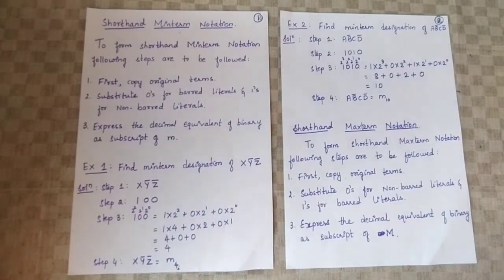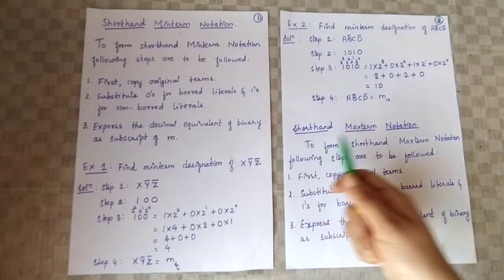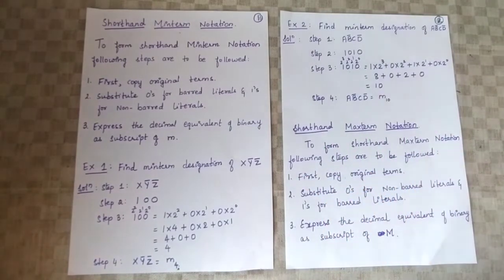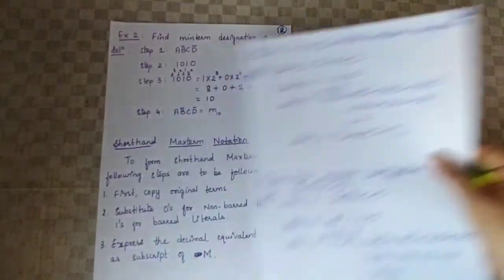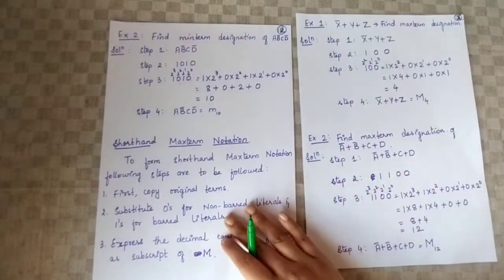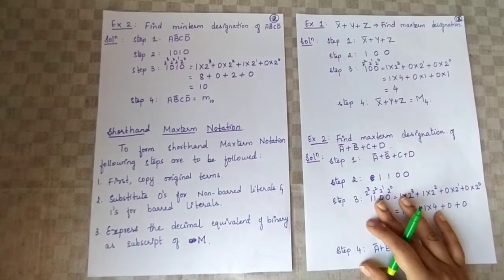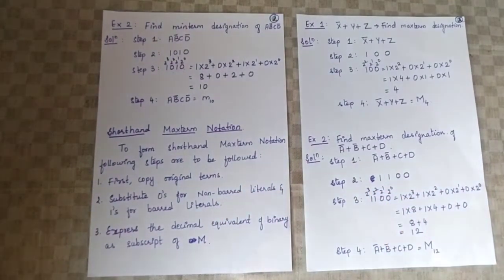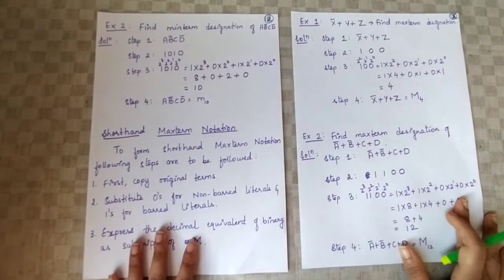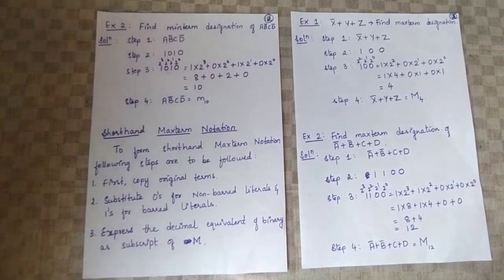Now coming to the next one, which says shorthand max term notations. Now, how to get the shorthand max term designation or notation?